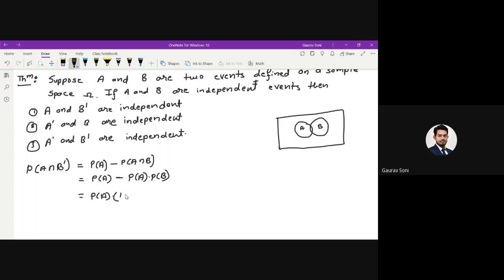In the bracket, what will I have? 1 minus probability of B. What is 1 minus probability of B? B complement. Probability of B complement.